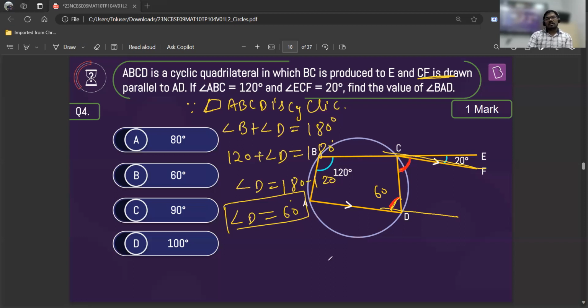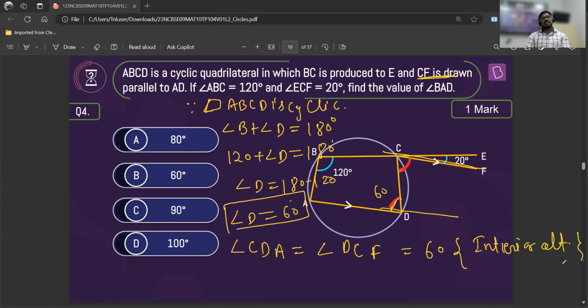Because they are alternate interior angles. So angle CDA is equal to angle DCF, which is 60, because the lines are parallel, so they are alternate interior angles.